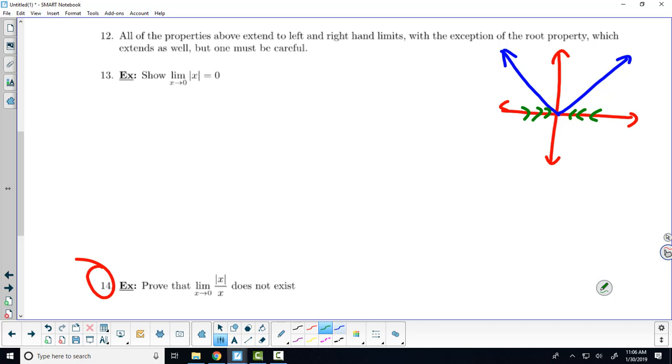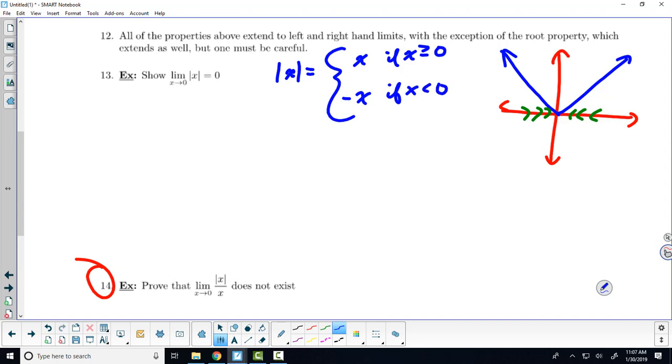What I want to remind you, though, is that the absolute value function is a two-part definition function, and I just tried to show you that by way of the graph. Okay? So remember that the absolute value of x is defined to be just x if x is greater than or equal to 0, and it's minus x if x is less than 0. You can see that by way of the graph, or think of how you take an absolute value. It says if the number is positive, leave it alone.